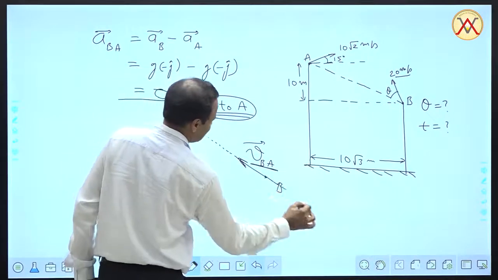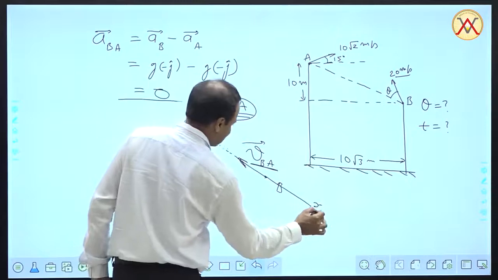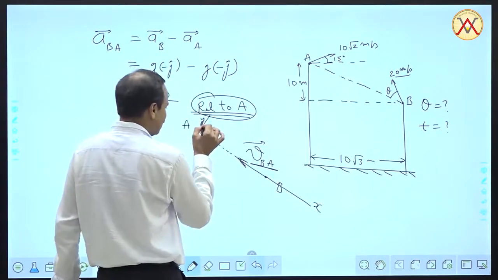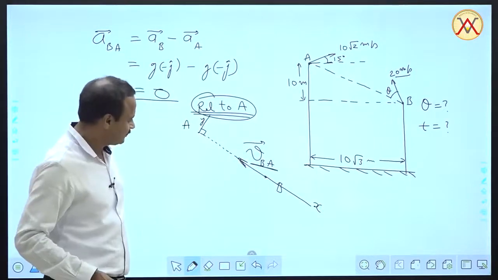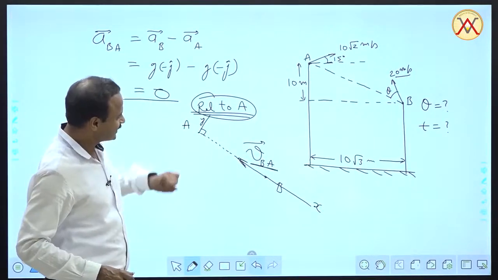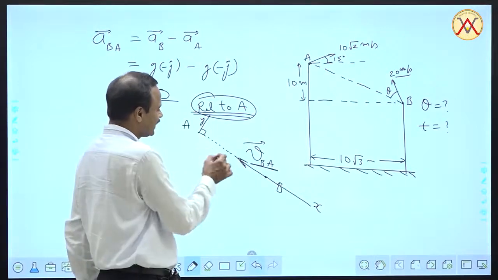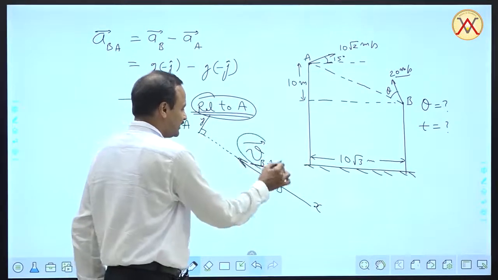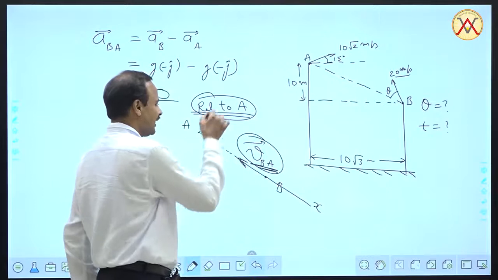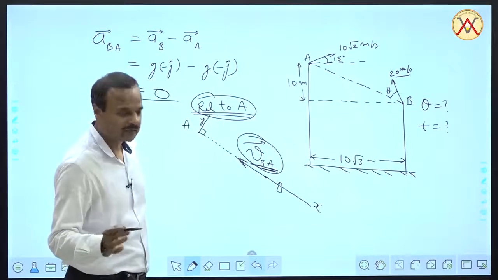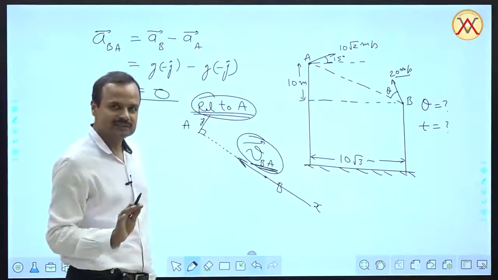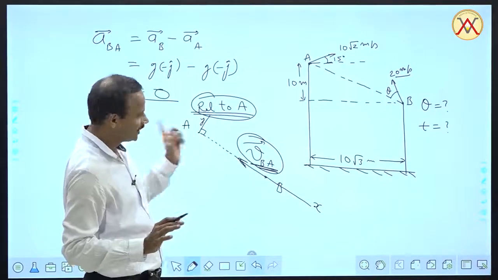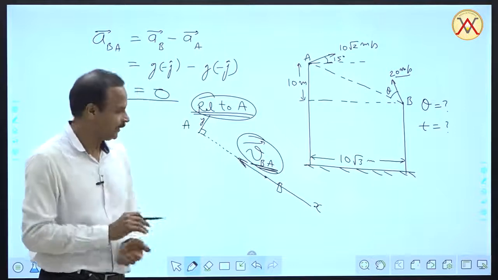I am taking the line joining A and B as the x-axis and the line normal to it as the y-axis. So in this coordinate system, what I want is that VBA should have 0 y component, and its x component should be in this direction. That is sufficient to ensure that B will hit A.